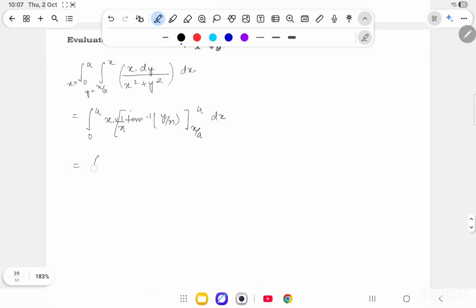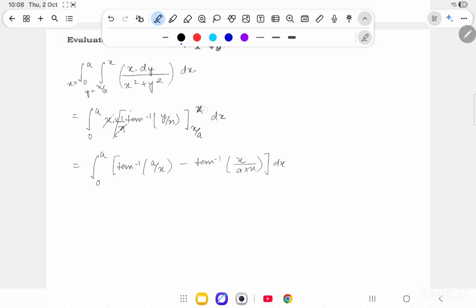So this is integration from 0 to a. You see that this x balances out this, so it is tan inverse a by x minus tan inverse of x by a by x, dx.